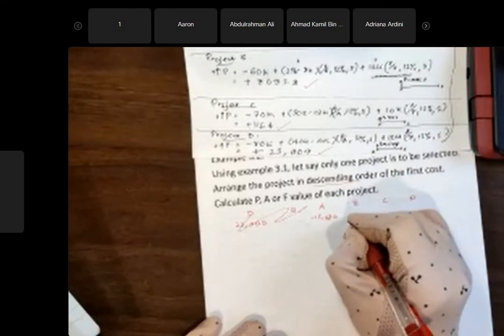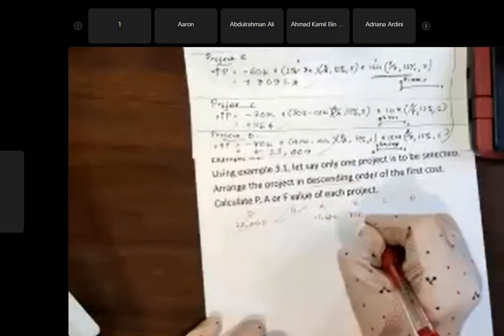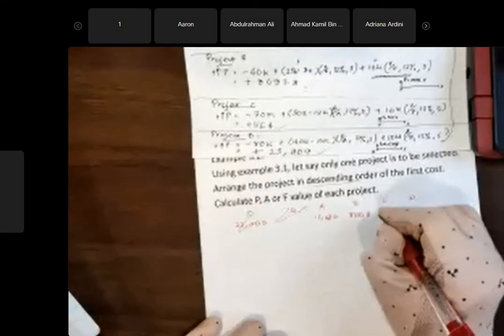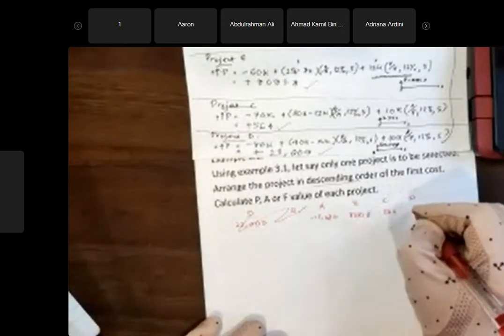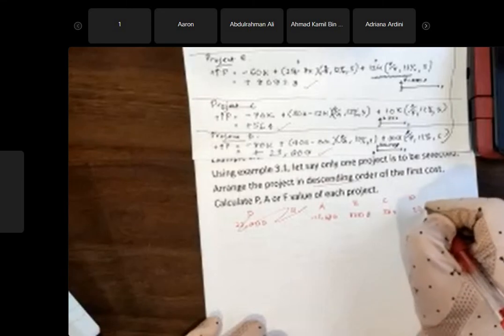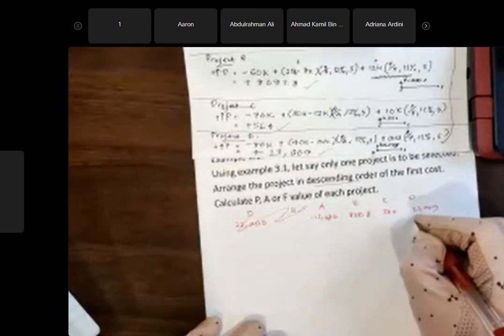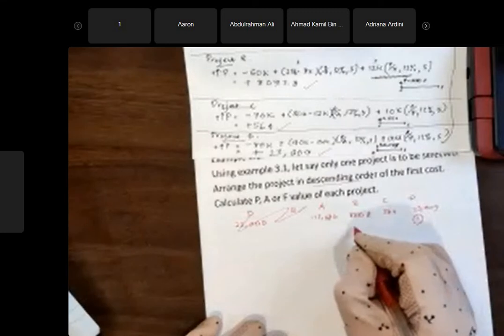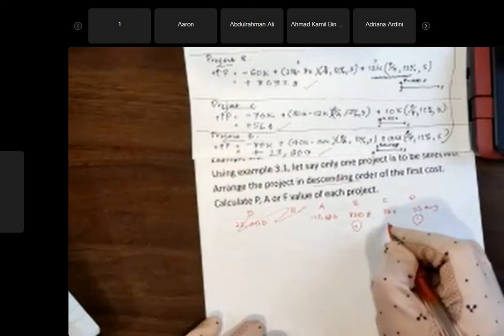B is 8093.8. C is 564. D is 23009. So this is the first one, the second is this, the third is this.